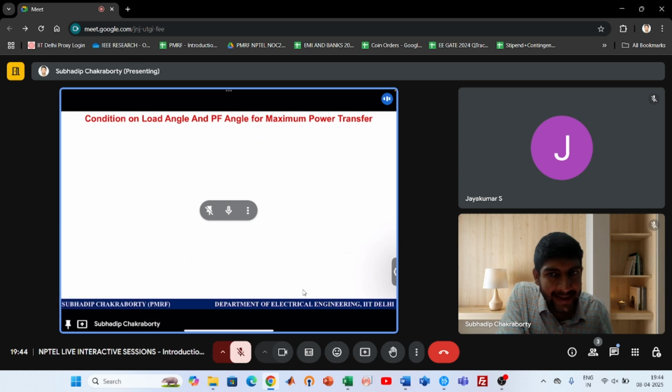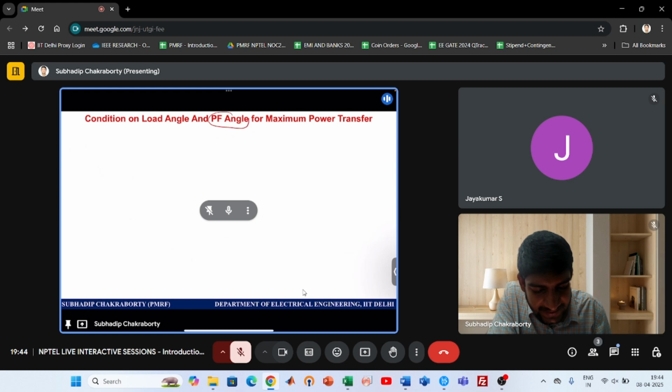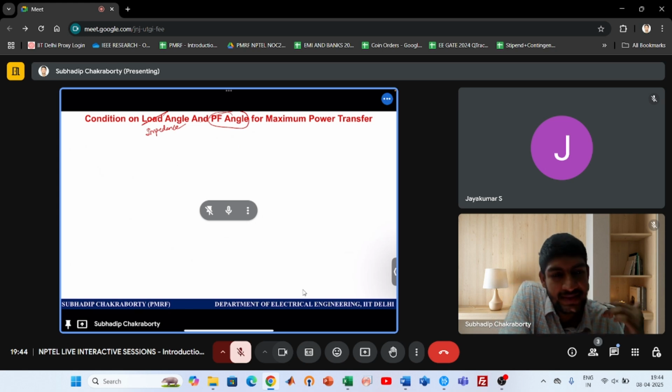I will draw it and derive the power formulas, and derive the condition on the load angle as well as the impedance angle, so the power factor angle and the impedance angle, right? What we are trying to see is at what condition, at what angle, my power transfer will be maximum. And in the process, we'll derive the complete formulas for power transfer.